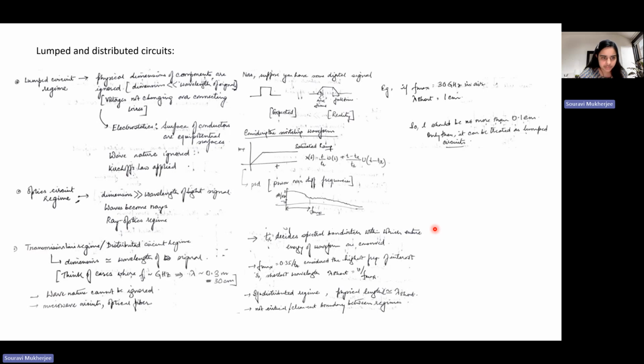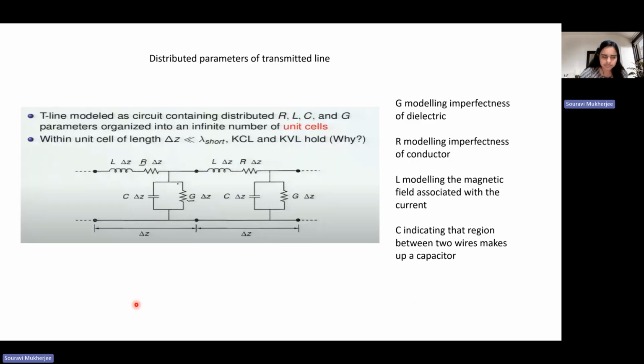Okay. So typically it depends on the wavelength of the signal and the dimensions of the components or the wires that you're talking about. So when they become comparable, that's the transmission line regime where the effect of your connecting wires becomes very significant. Okay.